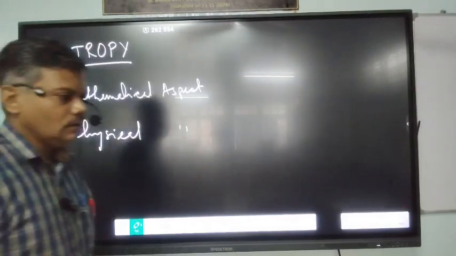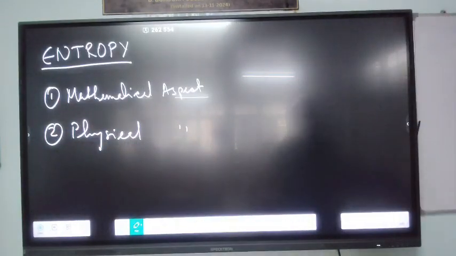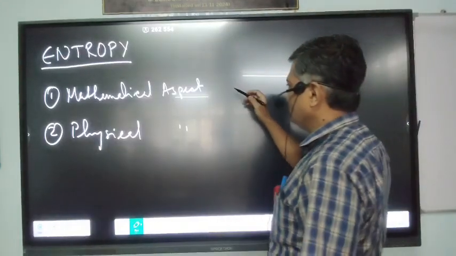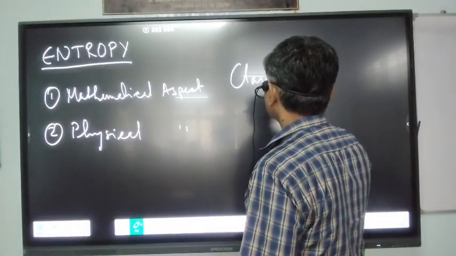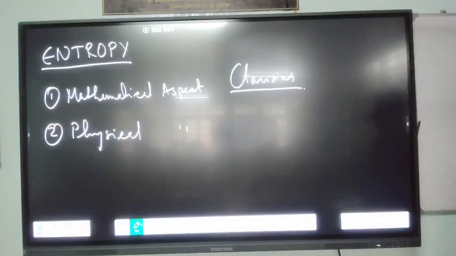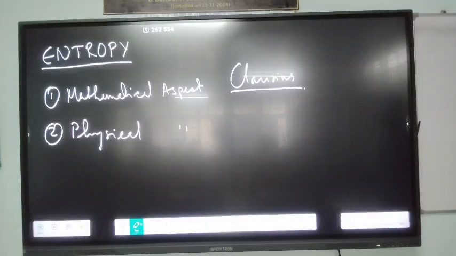So we will first see the mathematical aspect. In fact, the entropy was discovered from the mathematical aspect only. It was discovered by Clausius. Clausius discovered a mathematical term, and that mathematical term he called entropy.